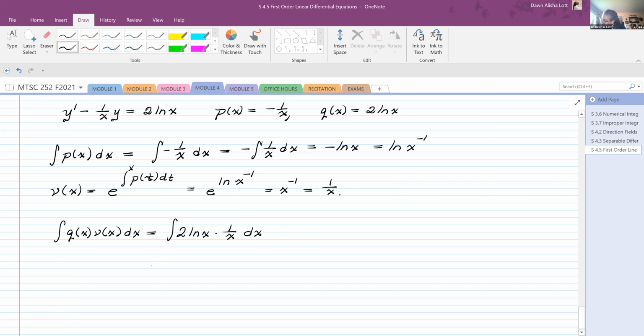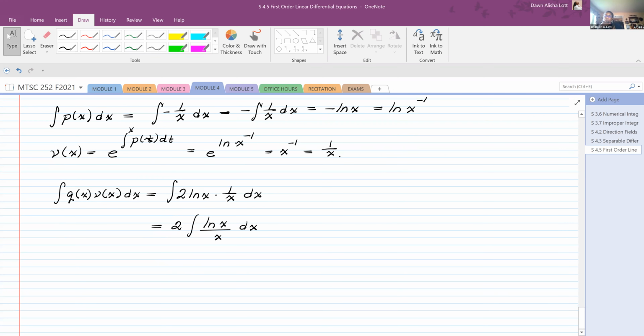So this is 2 times the integral of the natural log of x over x dx. How do I integrate that, guys? That's an easy one. I see a function and I see its derivative sitting right there. Would that be with u substitution? Yes. Okay, so we're going to do u substitution.